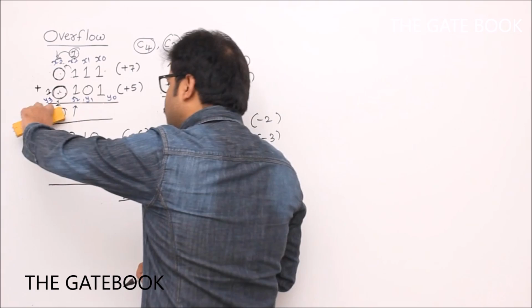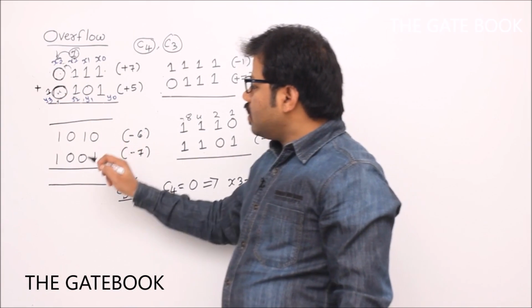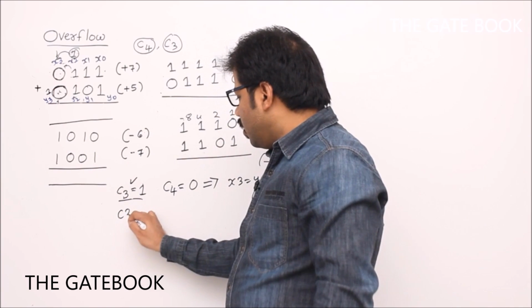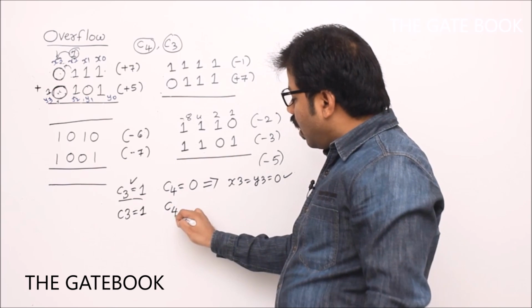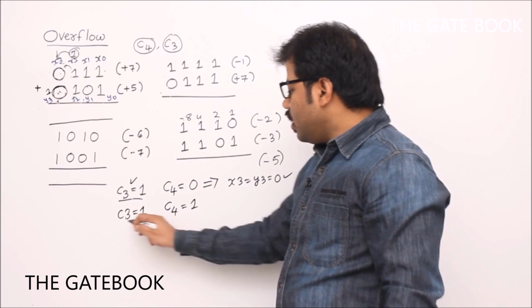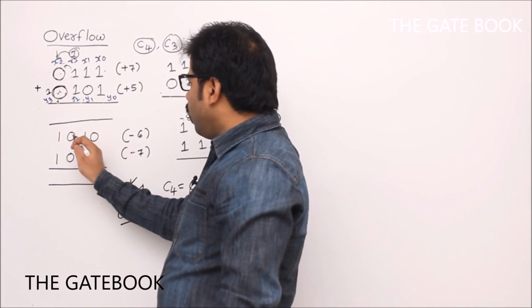Now we'll observe other cases. In the other case, let's say the carry coming in, C3, is again 1, but C4 is also 1. Just recall, when will this happen? When C3 is 1 and C4 is 1, that means a carry is coming from here, right?